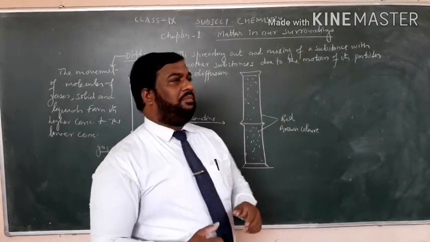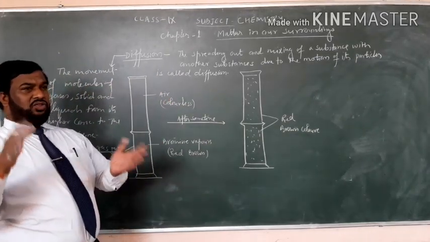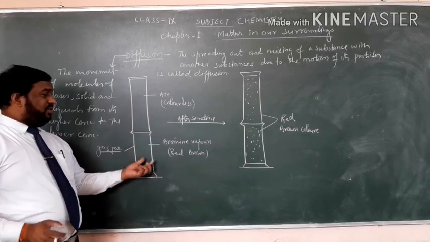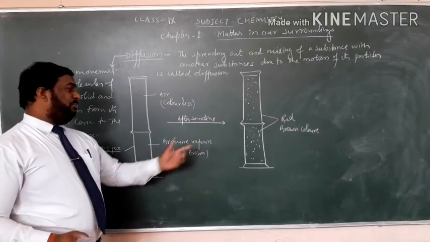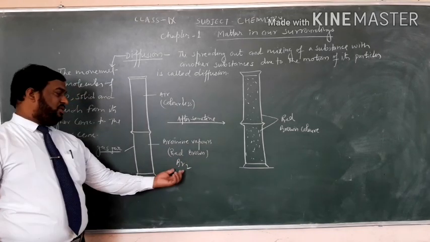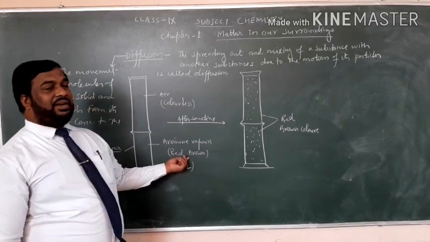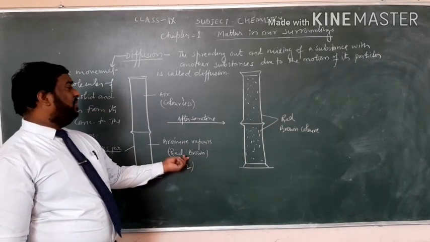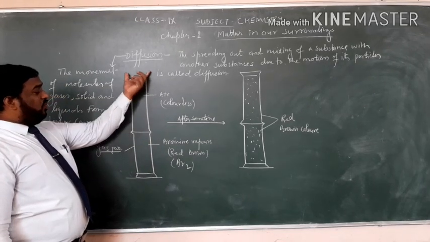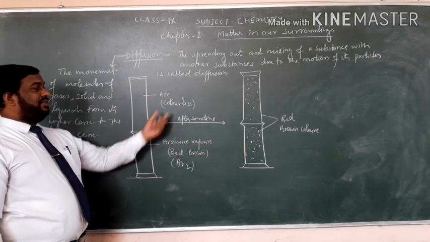For example, we take two gas jars. One gas jar we fill with bromine vapors, which is bromine gas, Br2, red brown in color. Another gas jar we invert over it. This one has only air and is colorless.